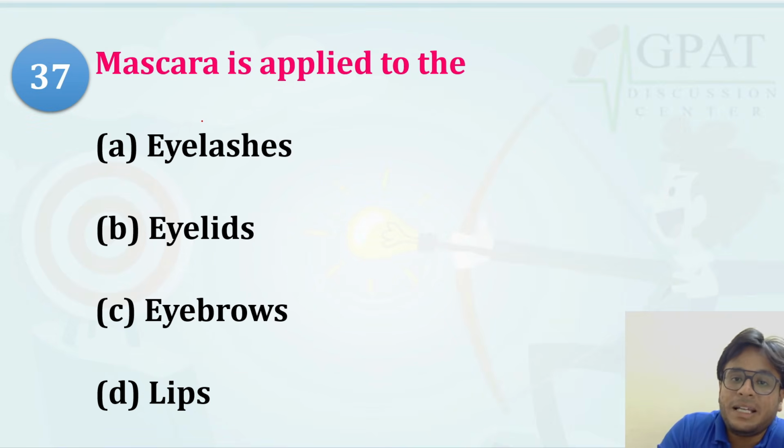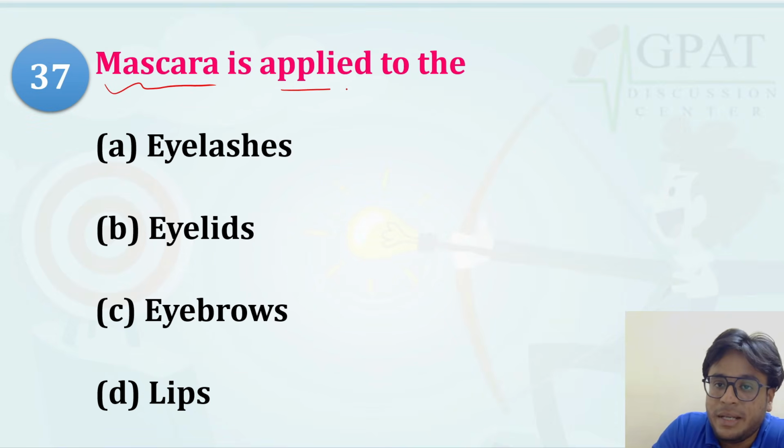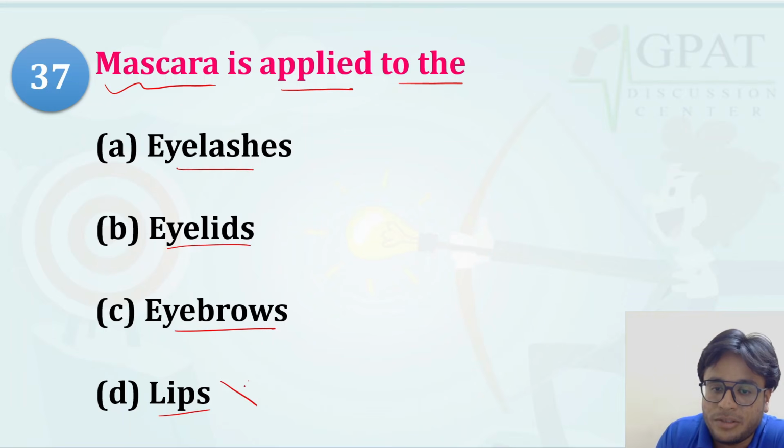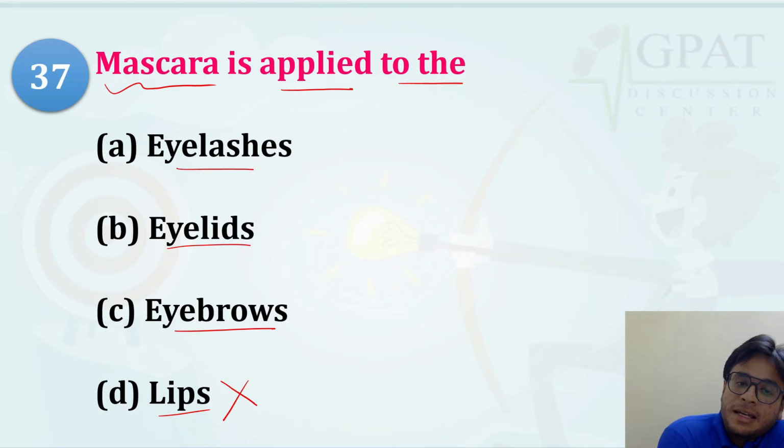Okay, the mascara is applied. The mascara is mainly applied to which part of our body? Like we know, the eyes, but to which part of our eye? Either the eyelashes, the eyelids, the eyebrows, or the lips. So lips is not going to be correct. So we have to answer from A, B, and C. Which option is going to be correct for that particular question?